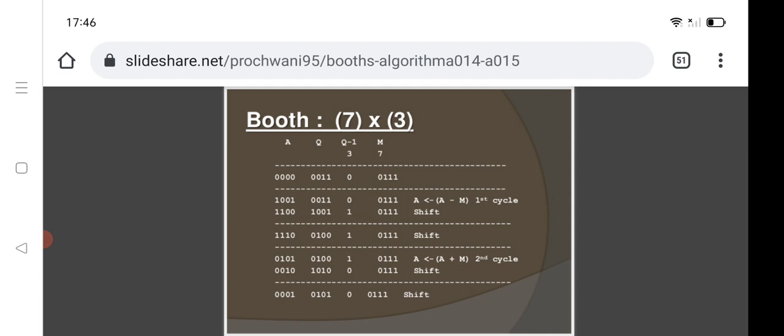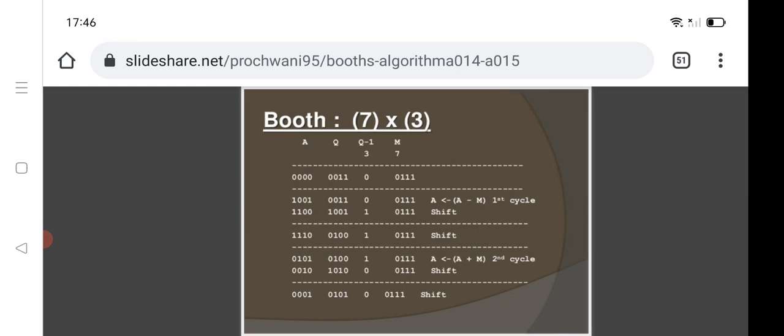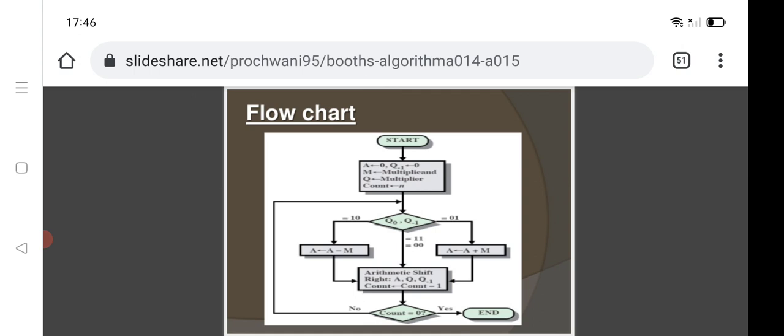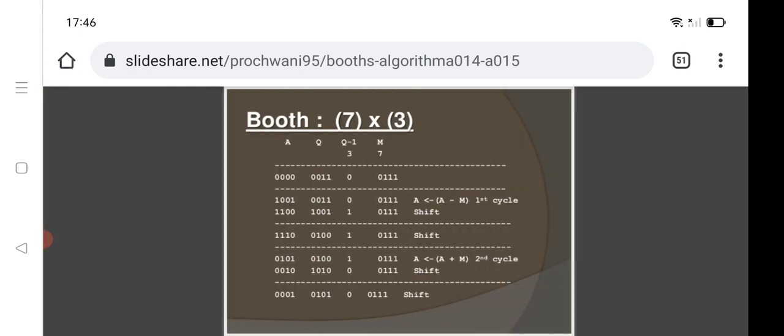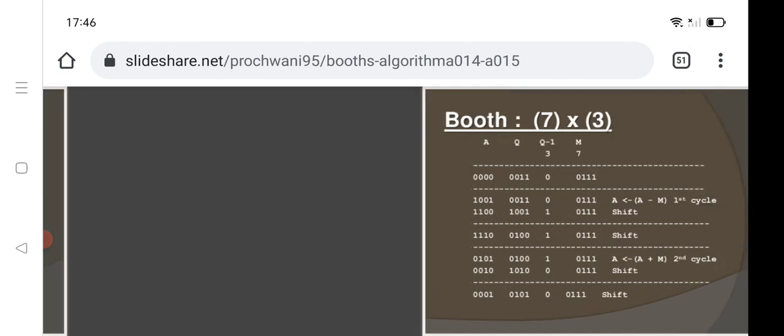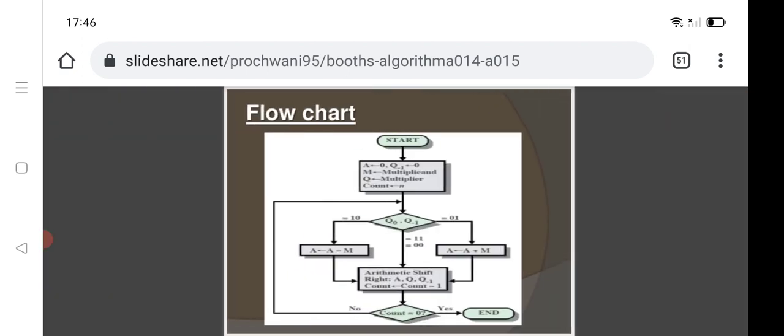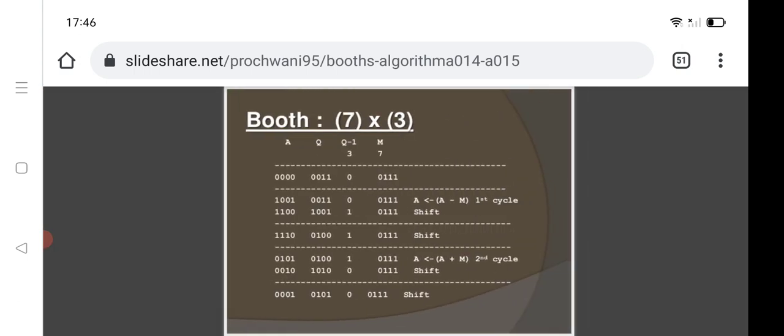Again the count value is not equal to 0, so I need to jump back and check Q naught and Q minus 1. The value is 0, 1. If it is 0, 1, I need to perform A is equal to A plus M.